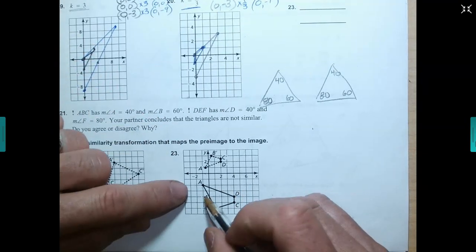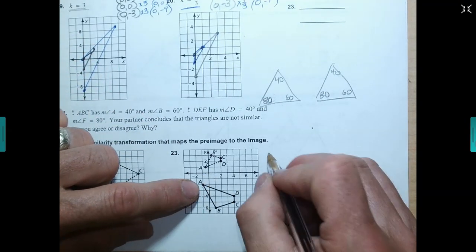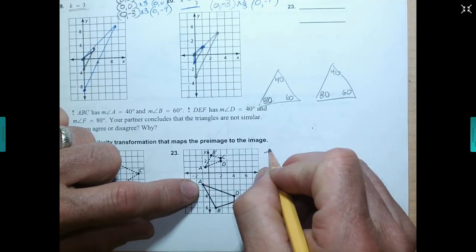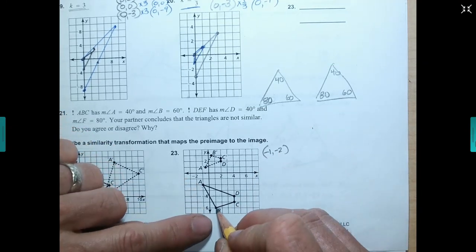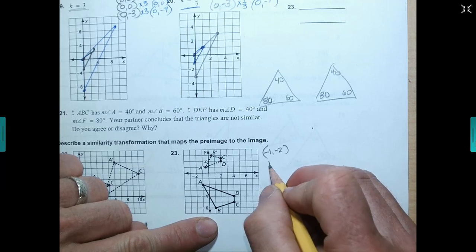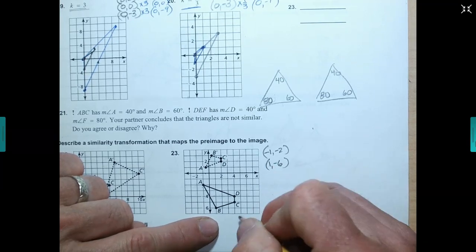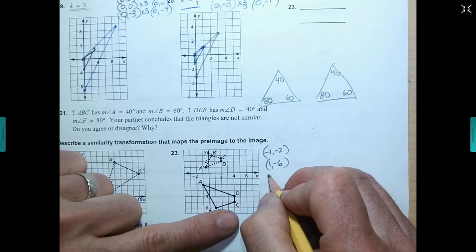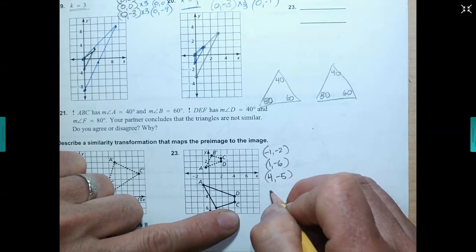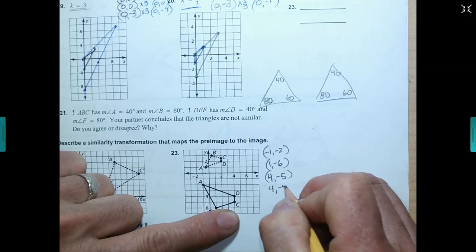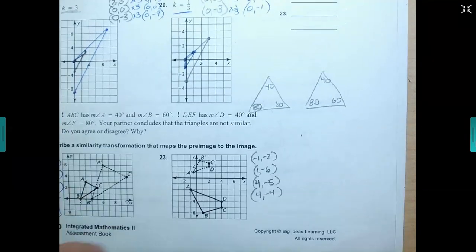So, negative 1, negative 2. 1, 6, negative 6. 4, negative 5. 4, negative 4. So those are original ones.